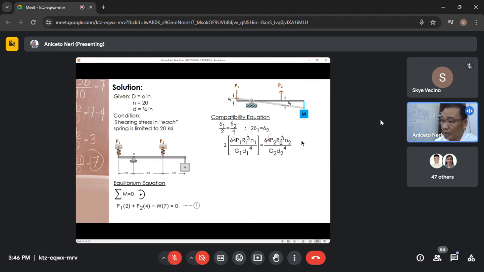Number of turns N1, N2 cancel. G1, G2, and the diameter cancel. So what remains on the left side is only 2P1, and on the right side it's P2. This will be our equation number 2. Right?